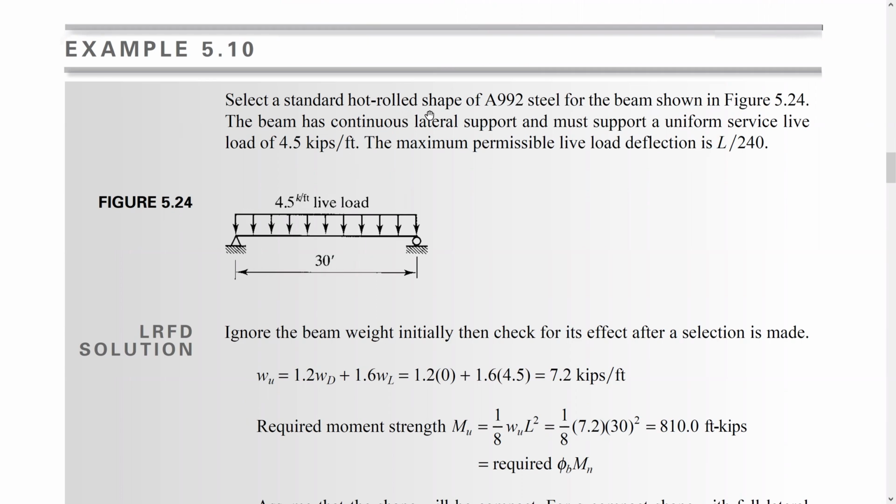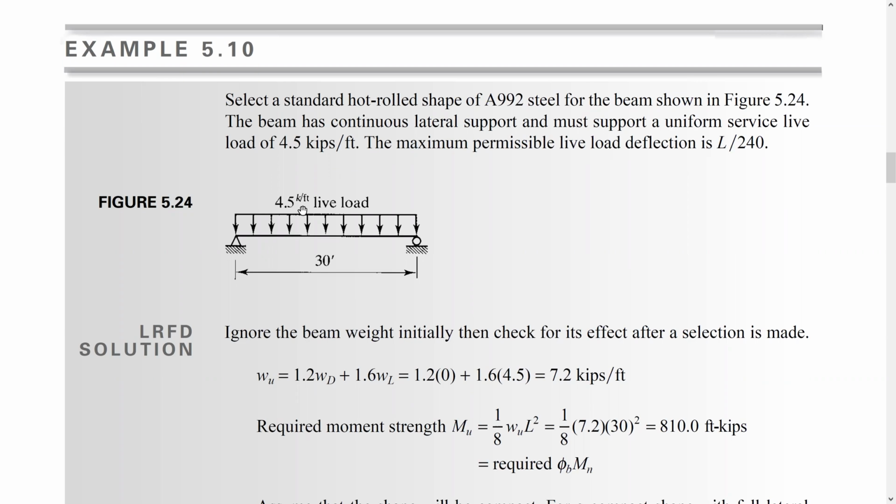It's a hot rolled shape. The beam has continuous lateral support and must support a uniform service load of 4 kips per foot live load, and the maximum permissible live load deflection is L over 240. That is the limit for the maximum deflection, and this beam only carries a live load here.